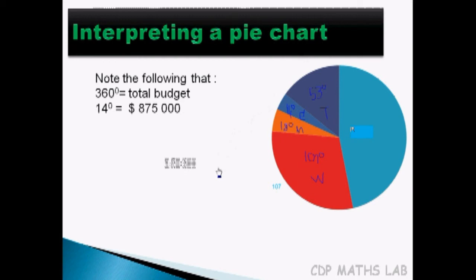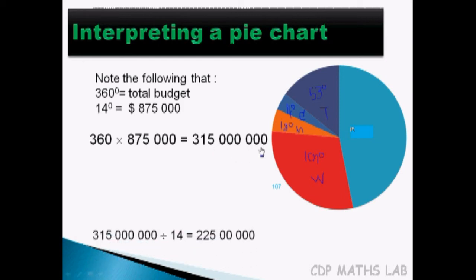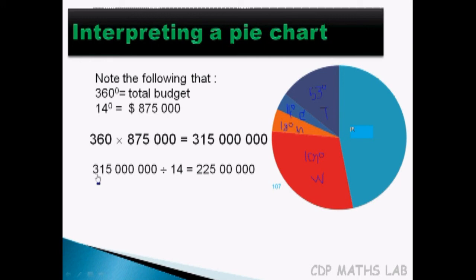Okay. Now, in order to find the total budget, what you simply have to do is to cross multiply, where you multiply 360 by the amount given for electricity, which is $875,000, and then that will be equal to $315 million, and then you're going to divide that amount by 14 degrees to get your answer for the question, which is 22,500,000.